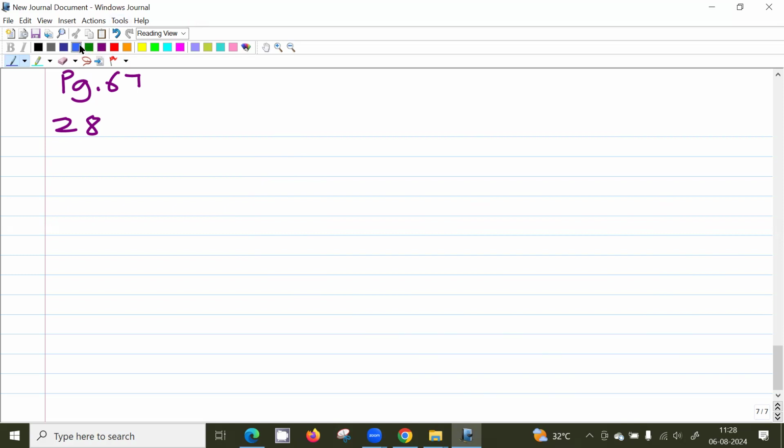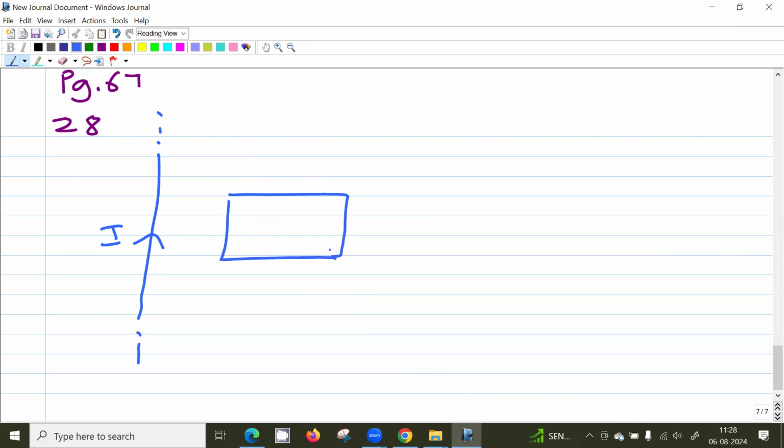So there is an infinite long straight wire carrying a current I. And there's a rectangular coil here, and current is flowing in this coil.